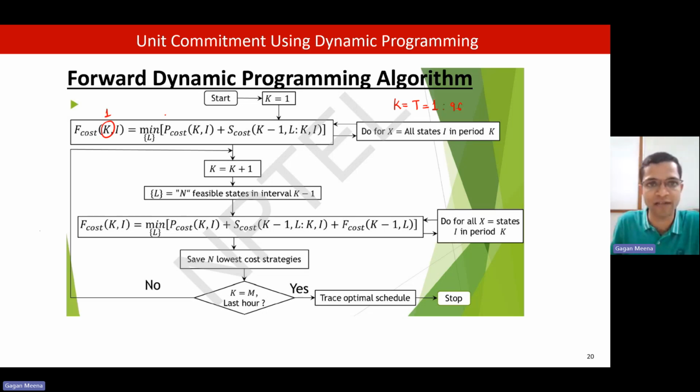Let's say the first time block, K equal to 1, and I is the set of states we have taken in period K. In period K we'll have only one state because of the initial condition of the generators. If only three generators are there and initially only the second unit was running, this will be the initial condition.